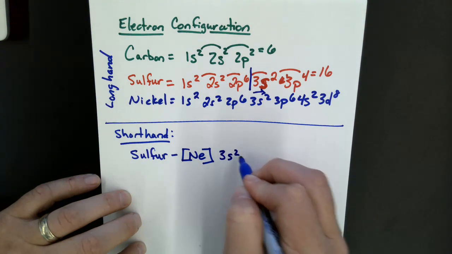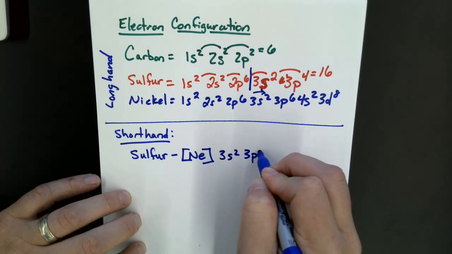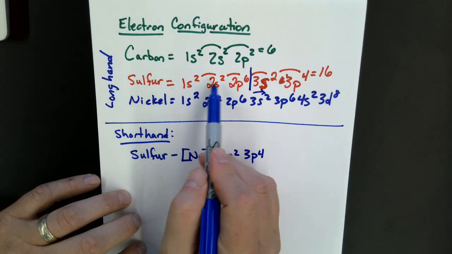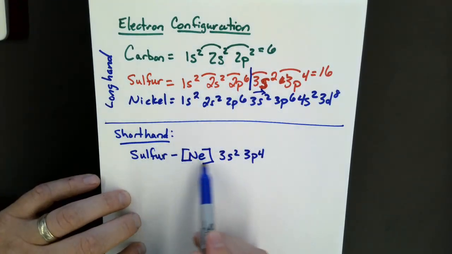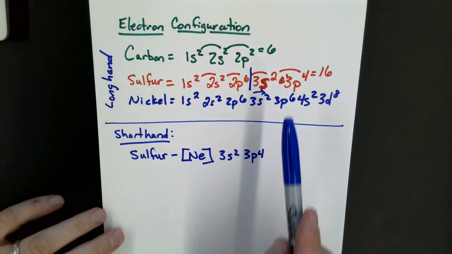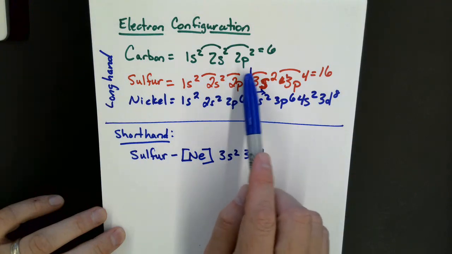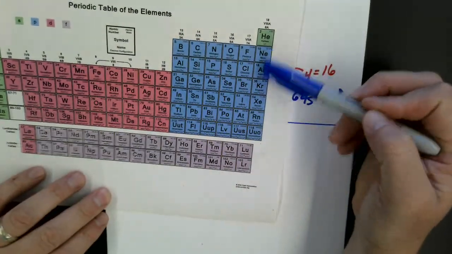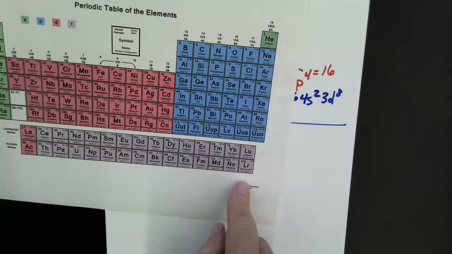So 3s2, 3p4. So what it's saving me is doing the 1s2, 2s2, 2p6. By putting neon in a bracket, we assume all of that information. And now we're going to just put what's beyond that noble gas that's been filled out. And again, we know which noble gas has been filled out because it's the last P6. All of our noble gases in our P6 ranges are there.